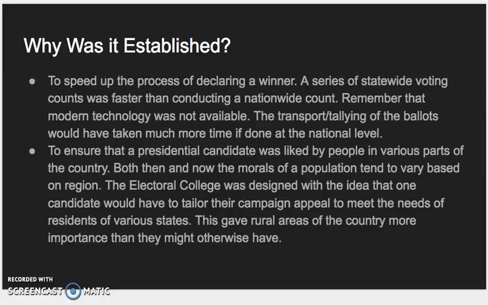But there's some merit to both sides of the argument, because in a lot of ways it's not fair that a state's worth, or the worth of an individual vote, is dependent upon which state you live. It is mathematically possible for someone to lose the popular vote but win the electoral vote, as happened in our most recent election.